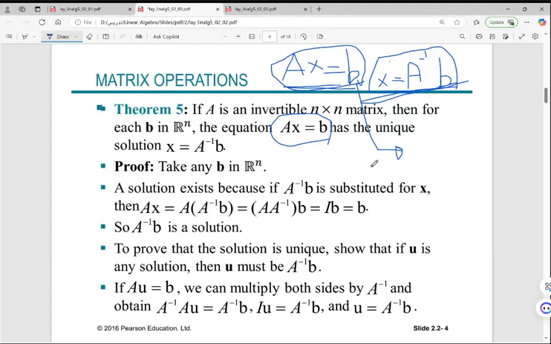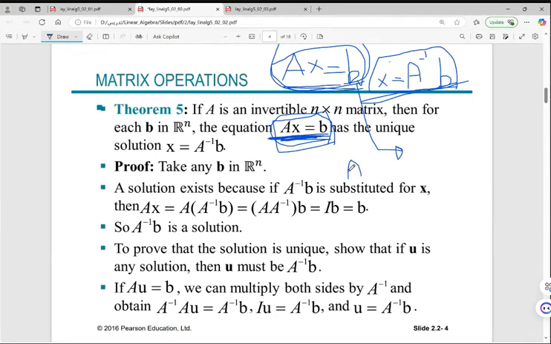Okay, let's see it in this way. So we have AX equals B, right? Then X will be A inverse B. We know that A is invertible, so we can multiply both sides of this equation by A minus 1, the inverse.